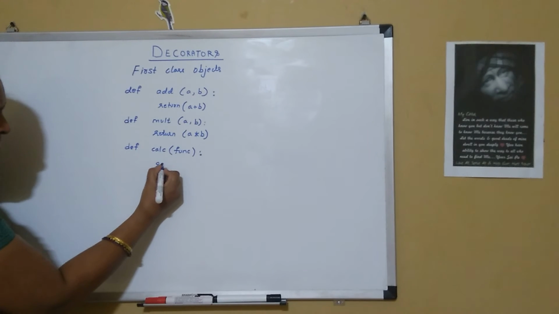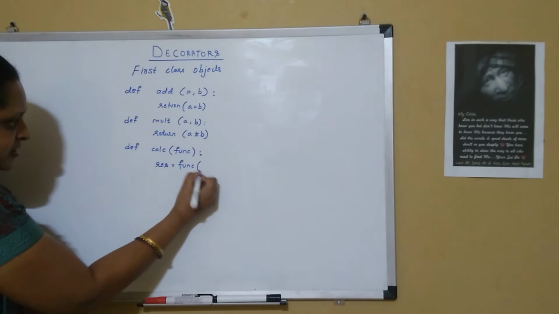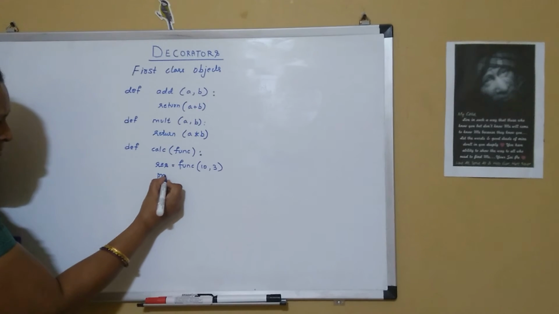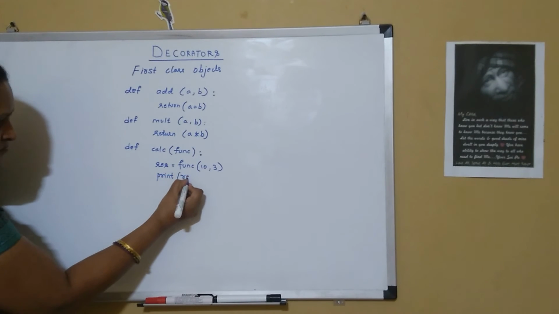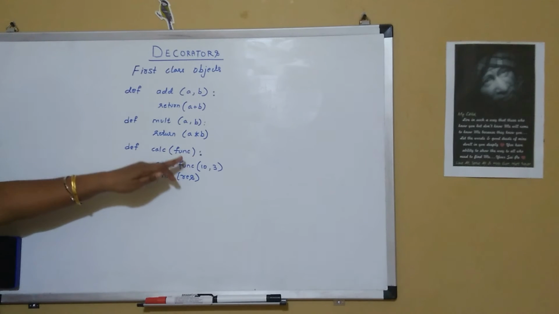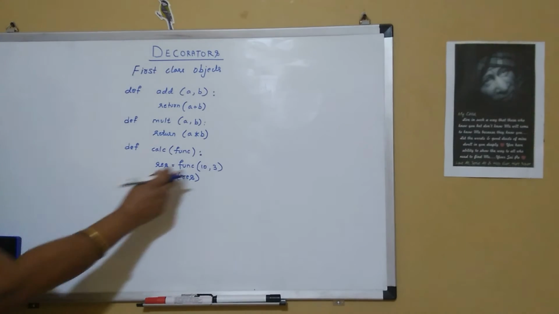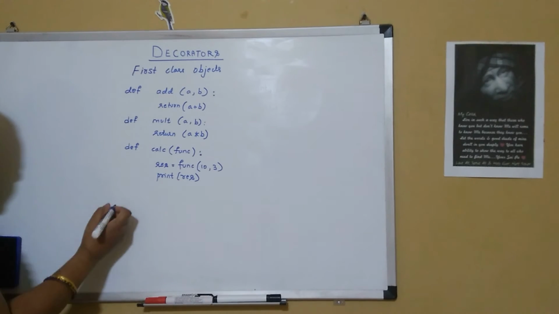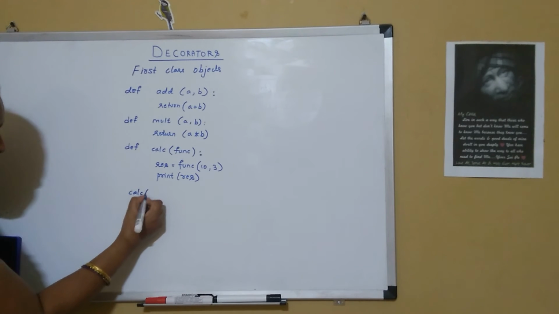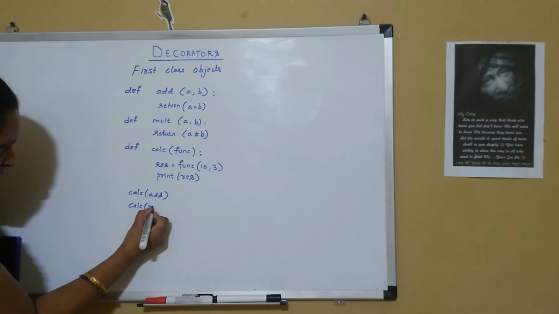Let me say my result is equal to func(10, 3), and now let me print my result. Basically I am taking a function as a parameter and calling that function by passing 10 and 3 as the values. Now let me call this function: calc(add) and then calc(mul).